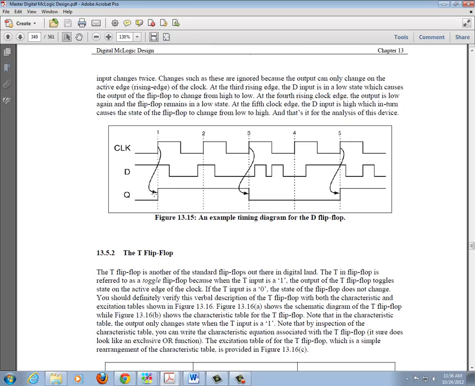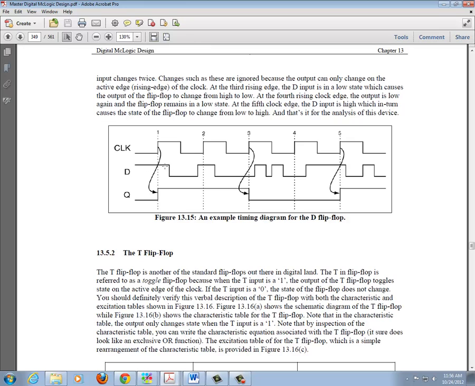So Q, instead of changing whenever the input D changes, is only going to change at an edge, which is why it's called edge sensitive. Okay, so let's say Q started off as 0. Remember now that in a D flip-flop, Q is going to be whatever D is, and you only evaluate it at the clock edge. So at this first clock edge, what is D?